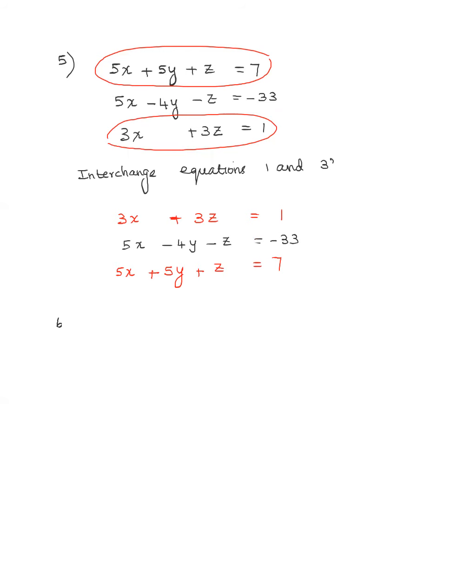So next, number 6, it says multiply. So again, we are given 4 equations with 4 variables.